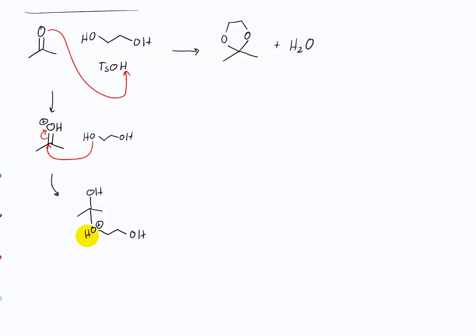So now I'm going to show you a little shortcut. What we would do in this case is we would deprotonate here, right? We would deprotonate this one, and then we would protonate up here. That's what the previous mechanism shows us. Let's actually draw it out, and then I'll show you the shortcut. So first we would deprotonate here with some kind of a base.